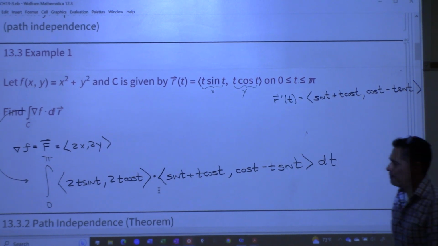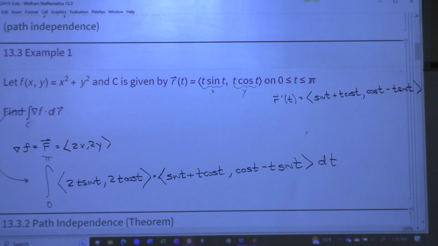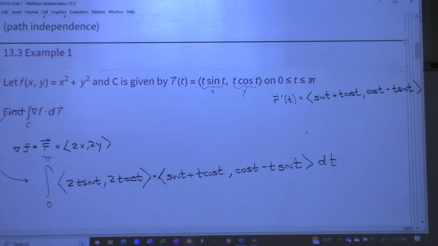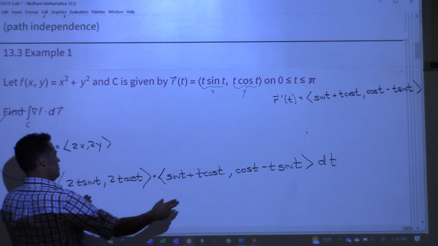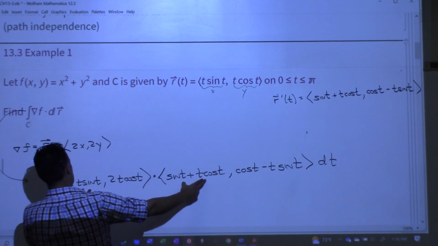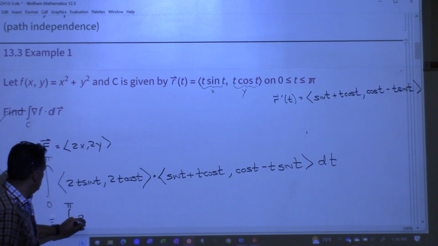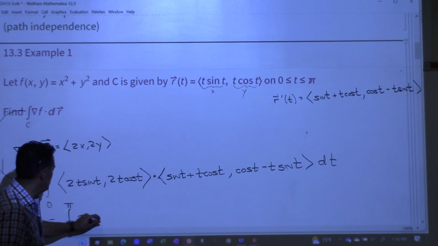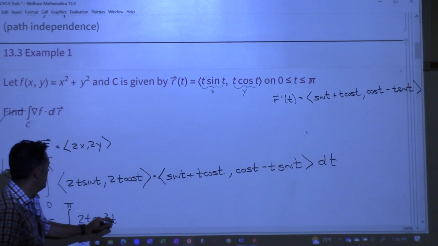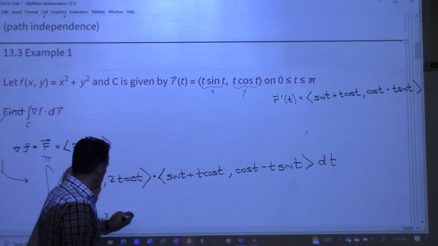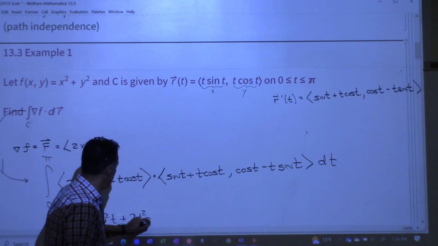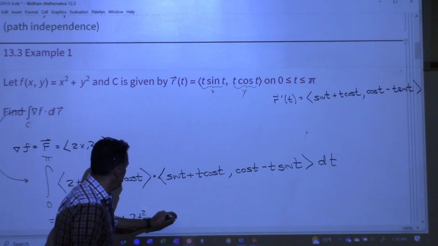Let's dot. Equals integral 0 to pi. All right, so these two multiplied together is going to give me 2t sine squared t plus 2t squared sine t cosine t.